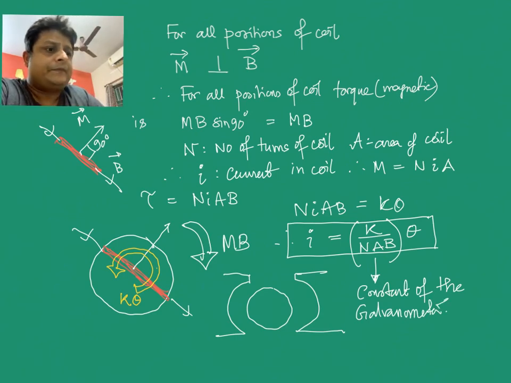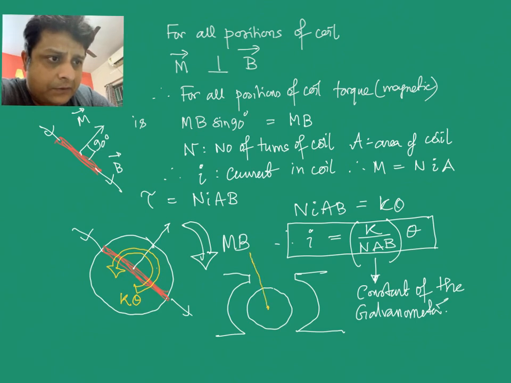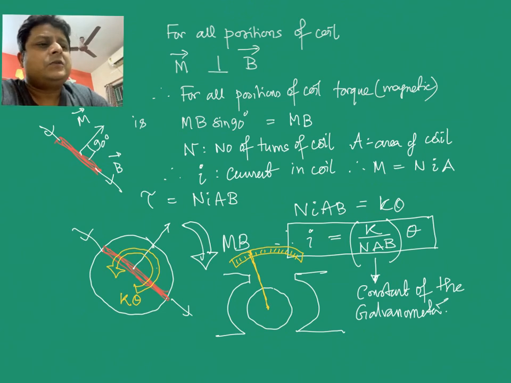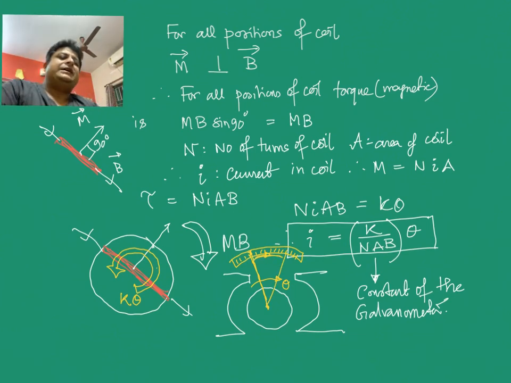Now, as you can see, with this soft iron core there is a pointer and a dial here. So there are graduations on this circular scale. As it rotates by theta, there is a reading of theta here.